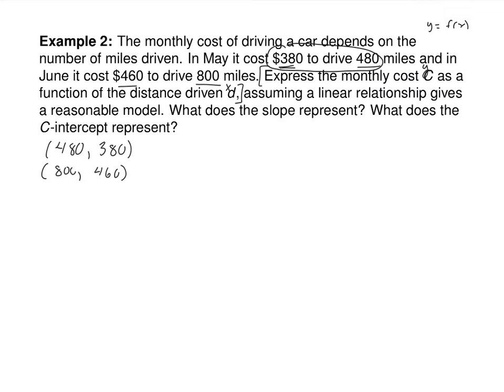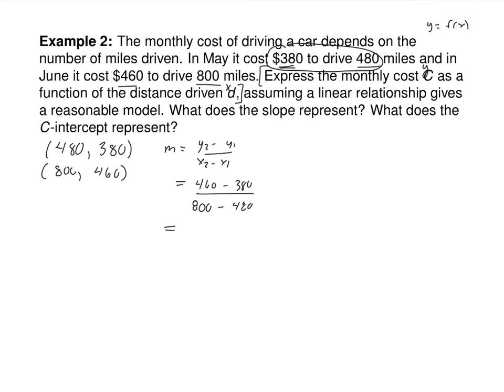And now you can forget about the words for a little bit. If this equation is linear, you want to find the equation of the line. First thing you do is find the slope. So slope is y2 minus y1 over x2 minus x1. So that's 460 minus 380 over 800 minus 480.